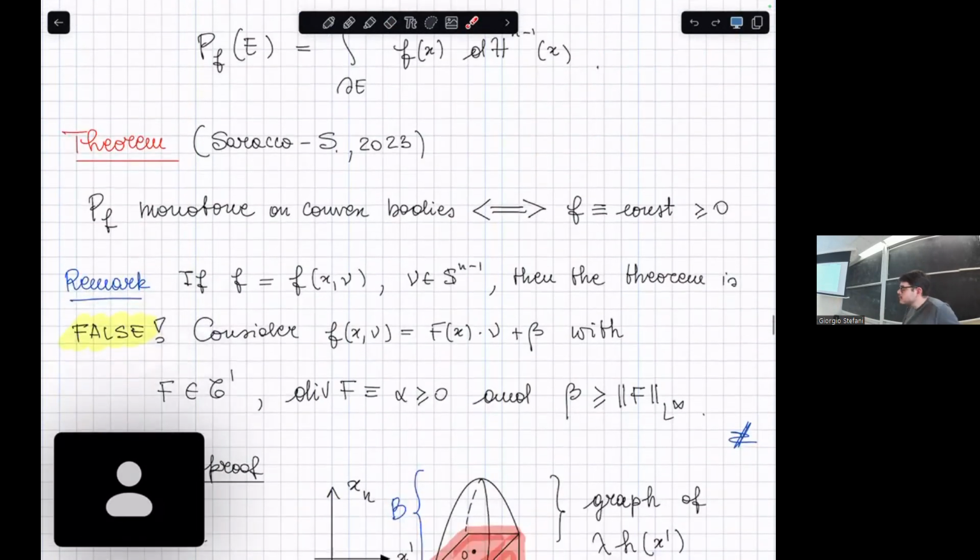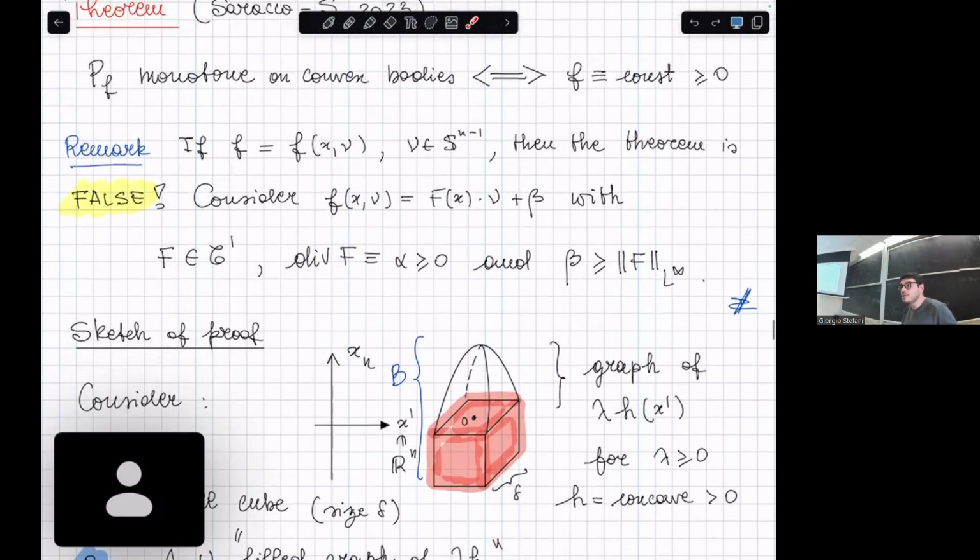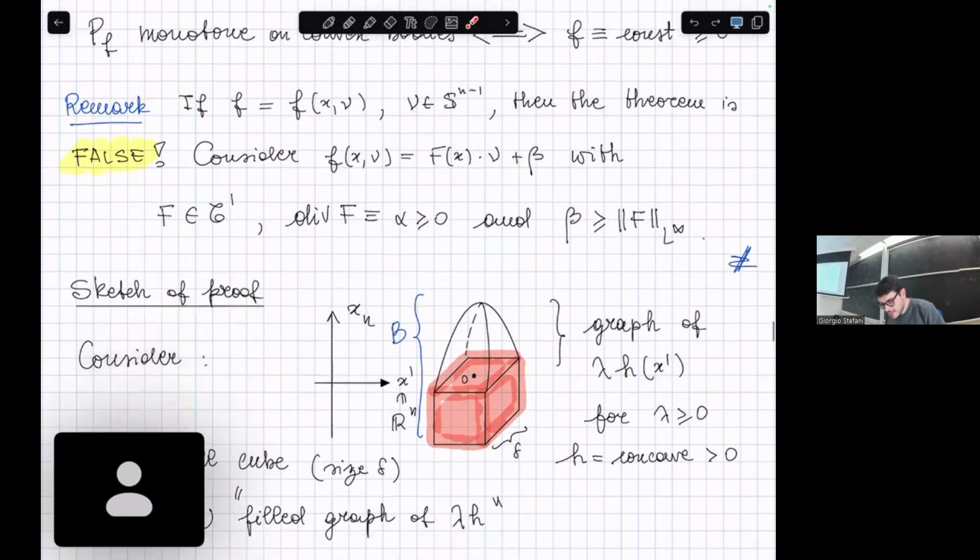And that is, of course, monotone, because the volume is always monotone, and the Euclidean perimeter is, as we have shown. So the question is, we don't know what happens in this more general case.